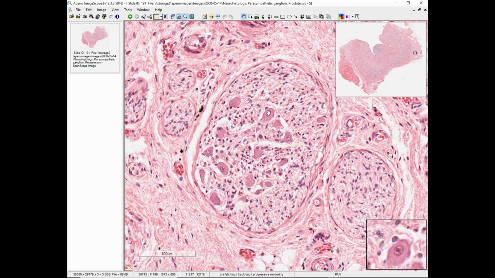And so these are surrounded by their satellite cells. But because these cells are not sensory, they have an axon and multiple dendrites coming in. So these satellite cells do not form that continuous layer of cells on their outside. So that's one way you can tell these autonomic nerve cells apart from the sensory nerve cells.